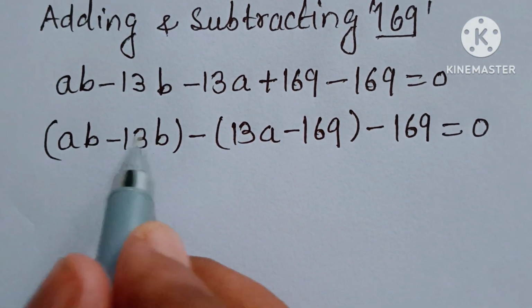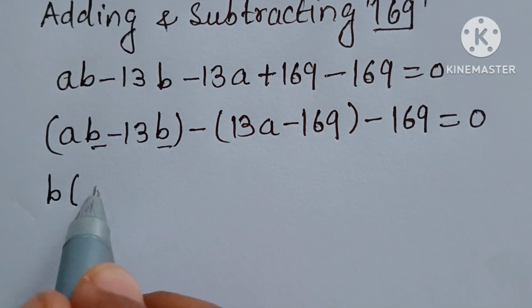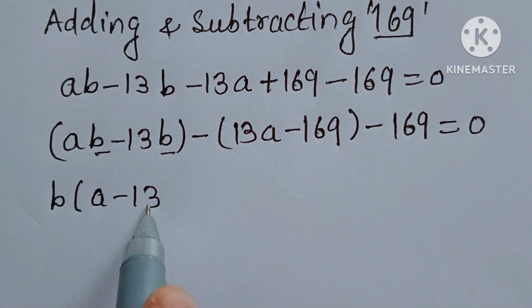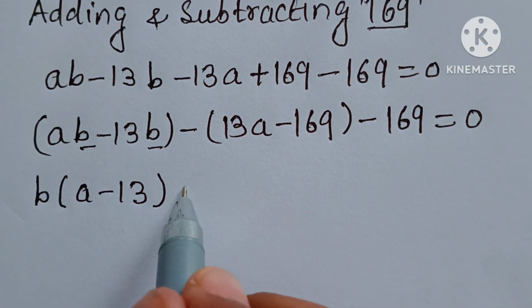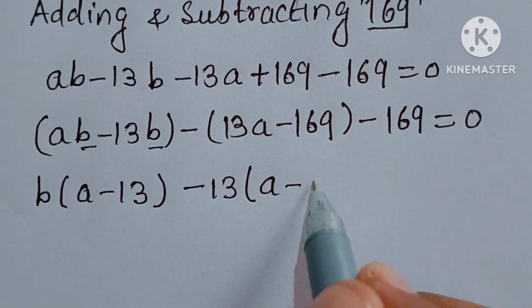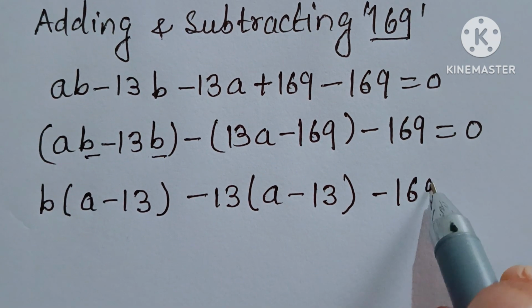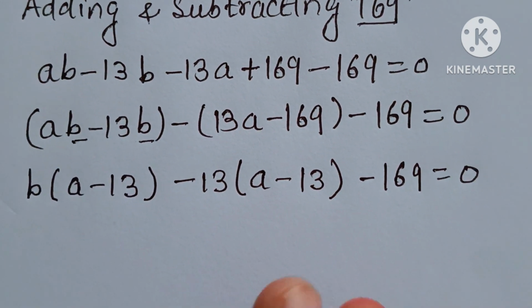Here take common B, A minus 13, minus, here we take 13 common, A minus 13, minus 169 equal to 0.